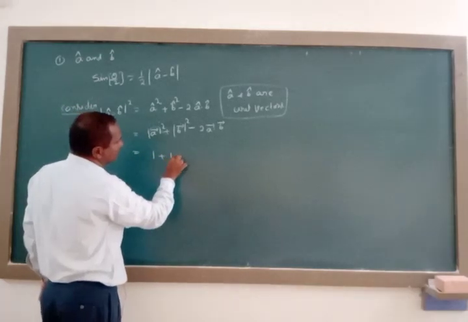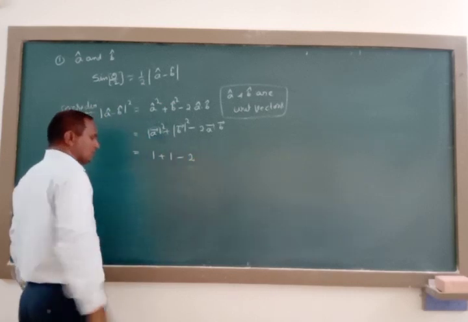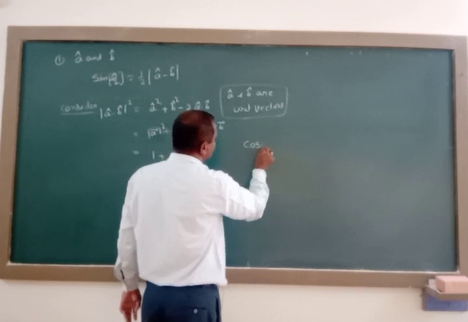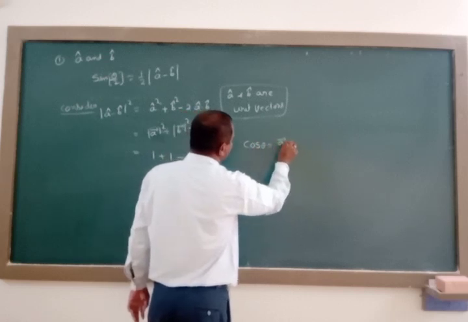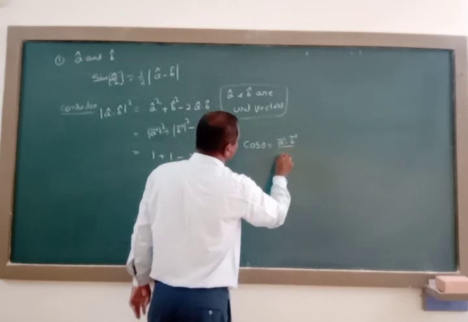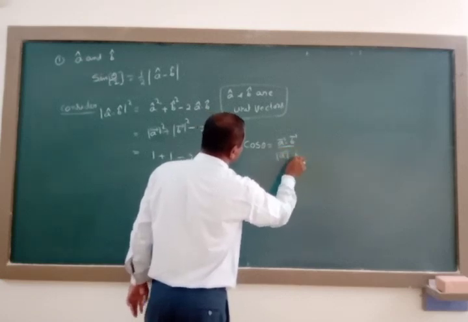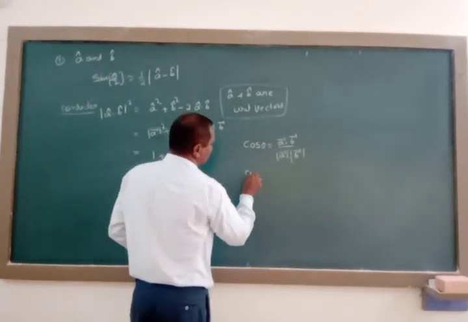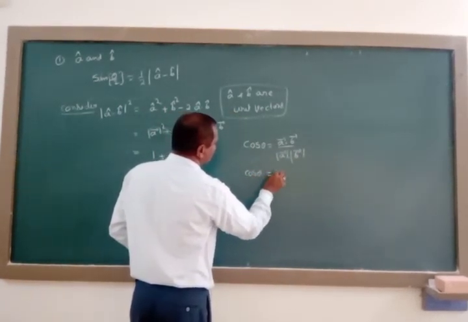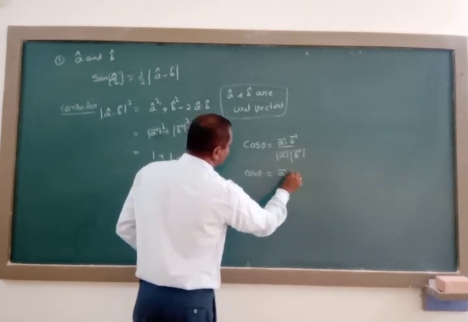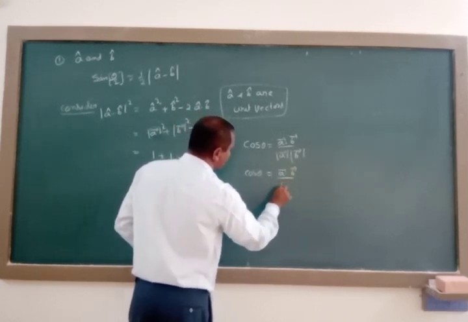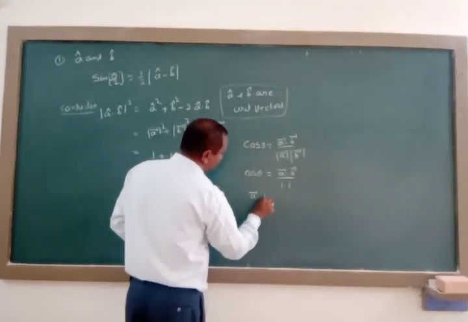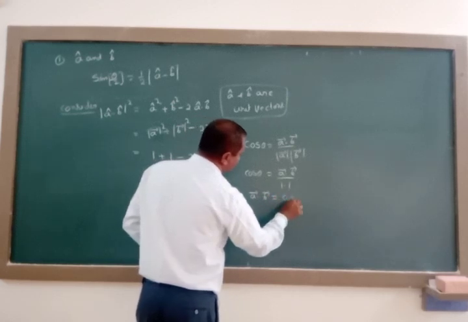It is 1 plus 1 minus 2 into... Already we knew the cosine of the angle between two vectors: cos theta is equal to a bar dot b bar divided by magnitude of a bar into magnitude of b bar. Cos theta is a bar dot b bar divided by 1 into 1, because they are unit vectors. Therefore, a bar dot b bar is equal to cos theta.